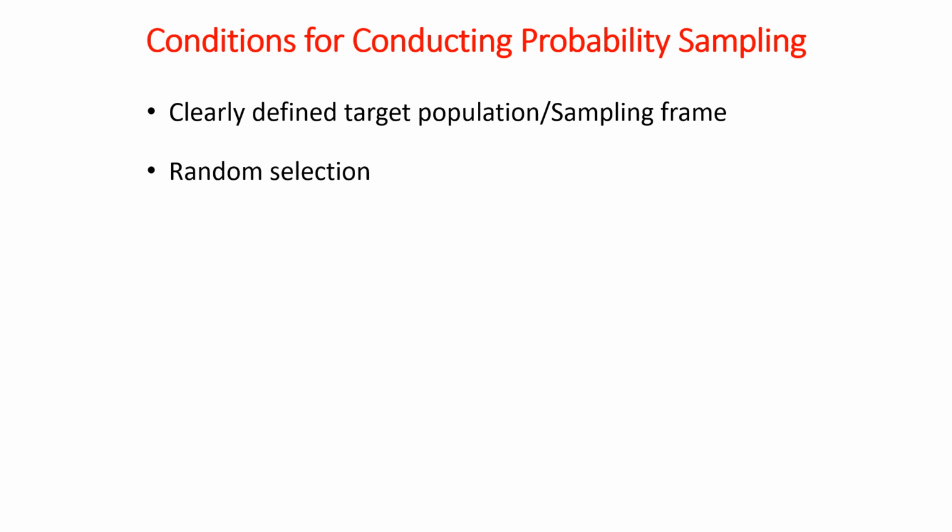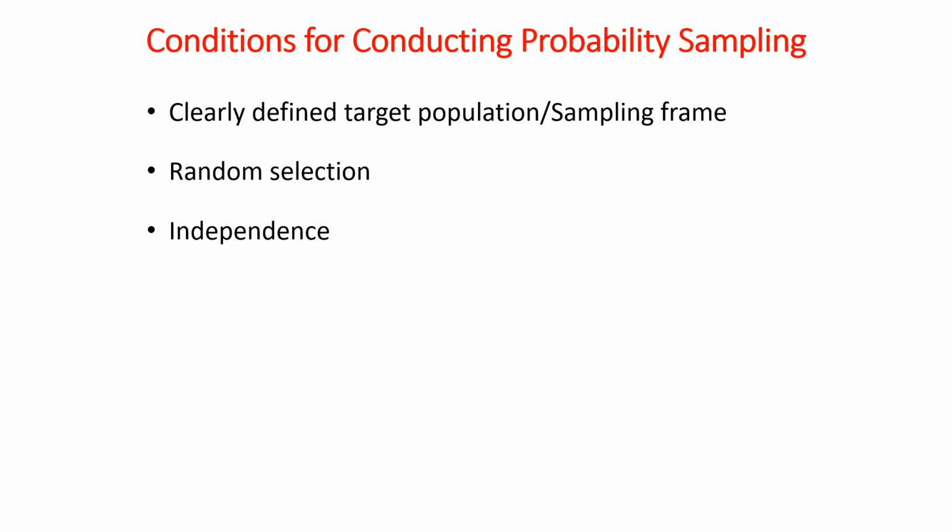To use probability sampling, we must be able to apply random selection. If we cannot apply random selection for selecting the samples, it is not possible to use probability sampling. And the other is independence. By independence, we mean that the selection of the first sampling unit does not affect the probability of the second, the third, and so on.